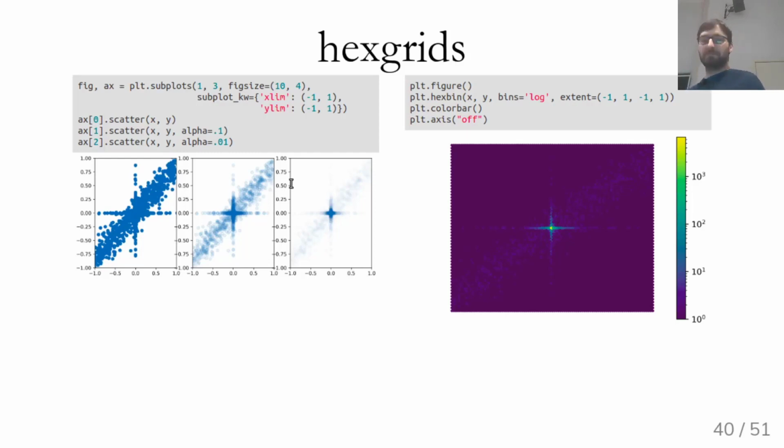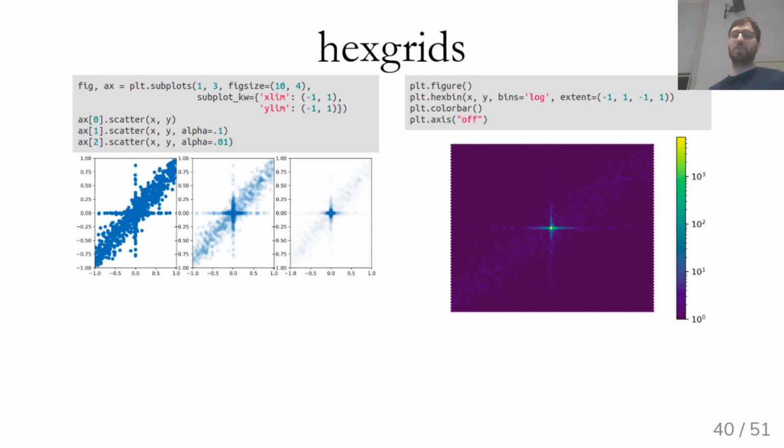So now, if I visualize density directly, I can more readily map the density to a color map. Again, I said earlier that mapping a number to a color map is maybe not the best idea, but it's still better than dealing with the overplotting. Here I set the bins to log. So basically I did this 2D histogram on this honeycomb pattern, and then I took the log of the densities and plotted that.